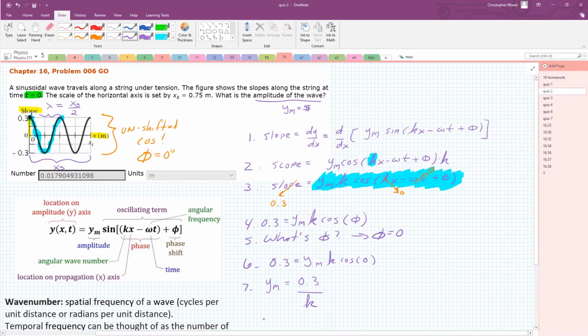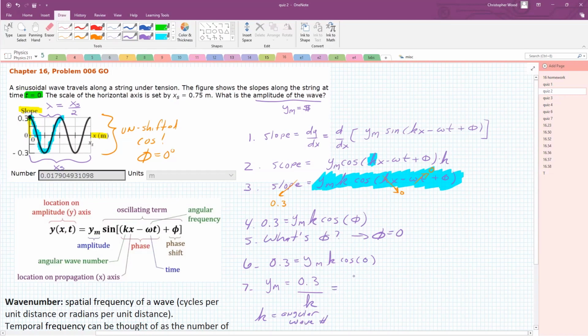Well, k is, again, the angular wave number, the amount of cycle per wavelength. That's what k is.